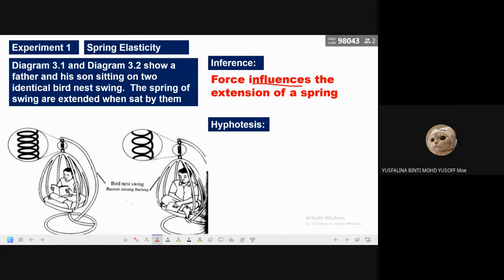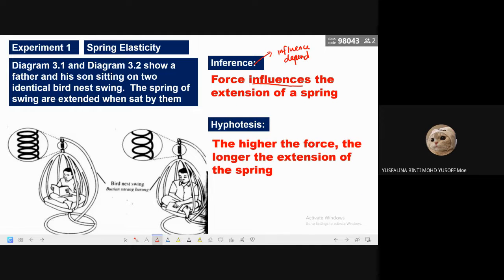So the force influences the extension of the spring, or the extension of the spring depends on the force applied to the spring.